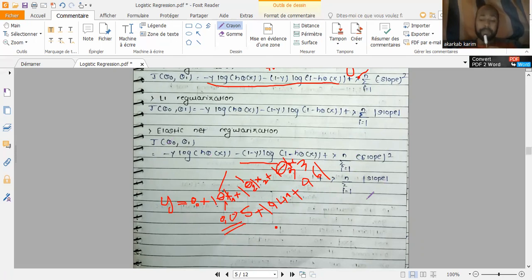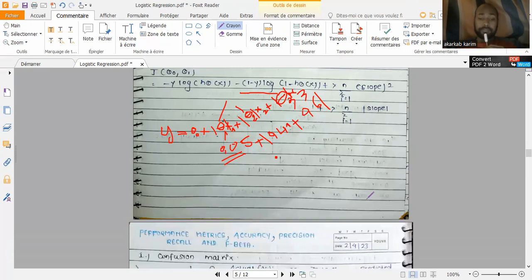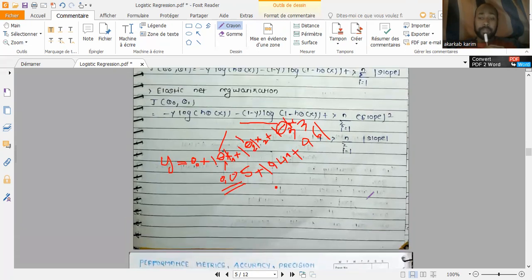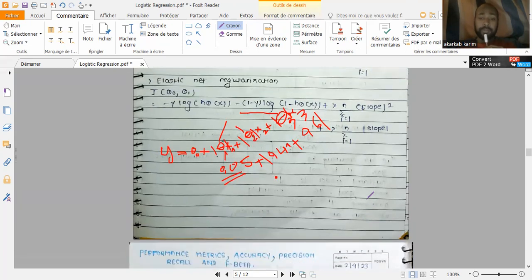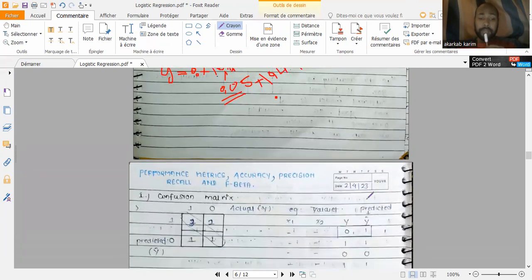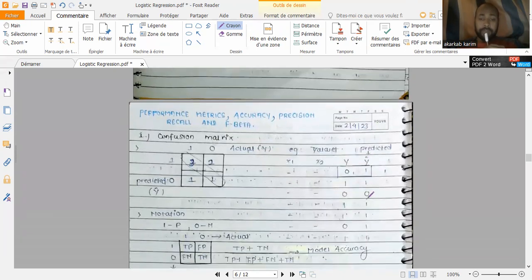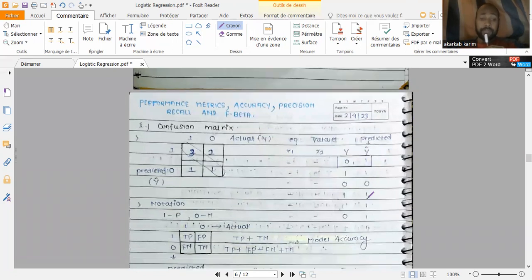So I hope that's understood. That will be clear when we implement the model using Python. Well, here we move to the performance metrics: accuracy, precision, recall, and F beta.